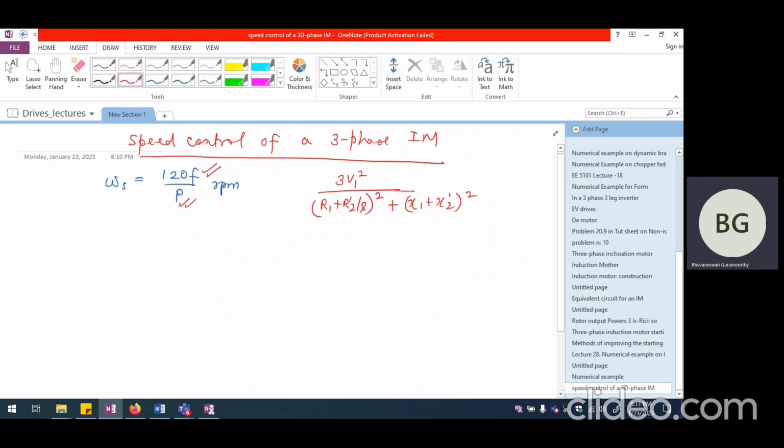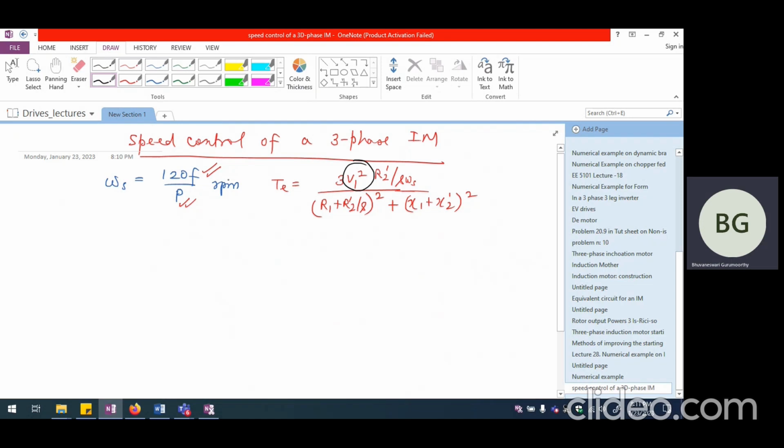And in the numerator, I have R2 dash divided by S, with the synchronous speed omega S. So this is the torque. The torque can probably be controlled by changing the voltage to some extent, but not to a large extent. Speed is very difficult to change by changing the voltage.